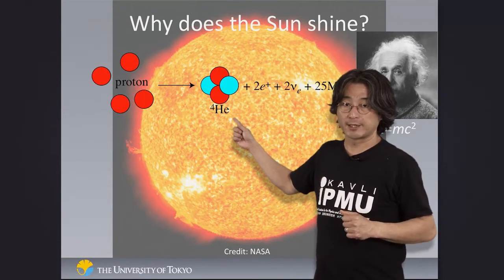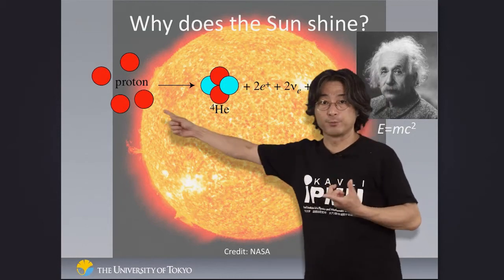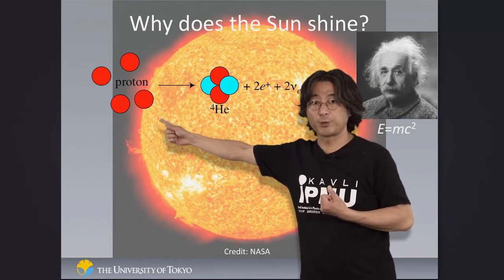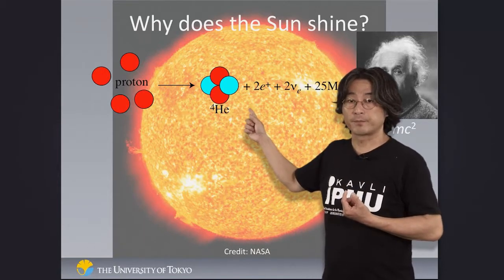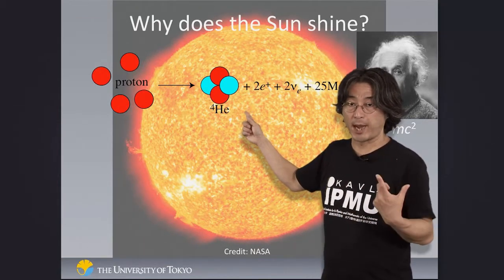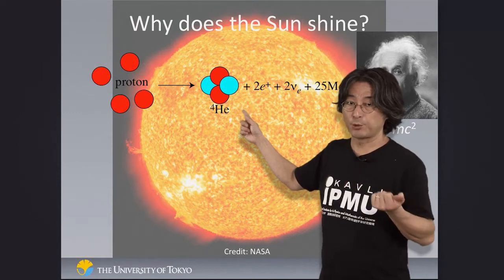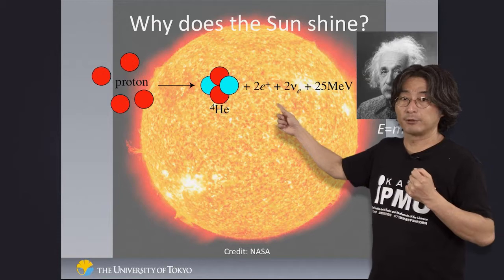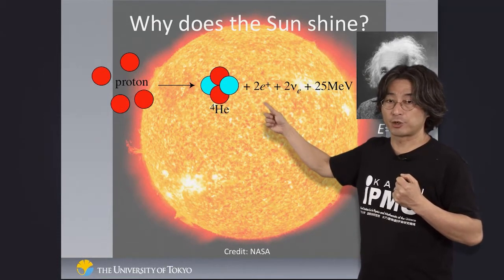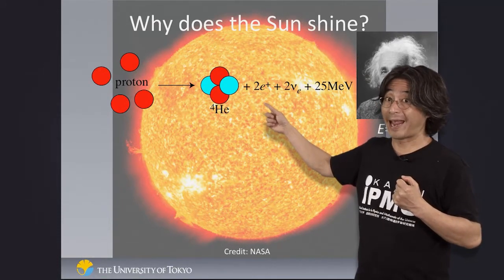But a helium nucleus has only 2 protons, while you brought in 4 protons. So you need to convert 2 of the protons into neutrons. It turns out that's possible. There's such a reaction, and we'll come back to that later. It's called the weak force. And if you do so, you spit out 2 units of positive electric charge in the form of, it turns out, antimatter.